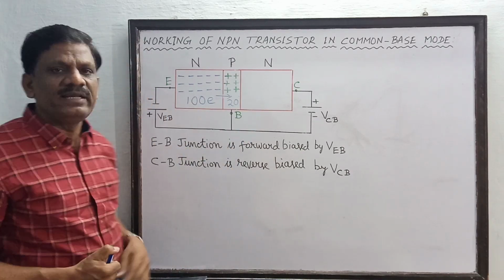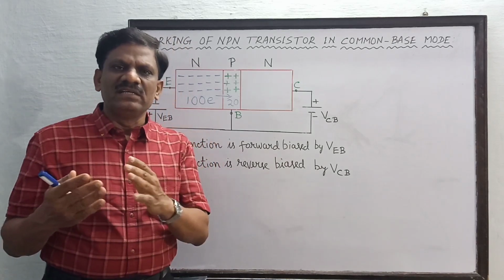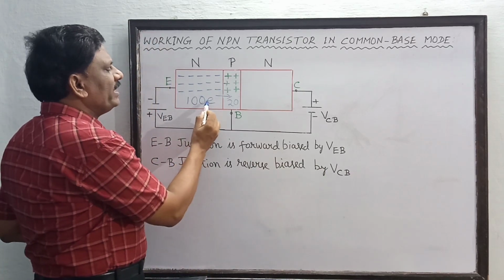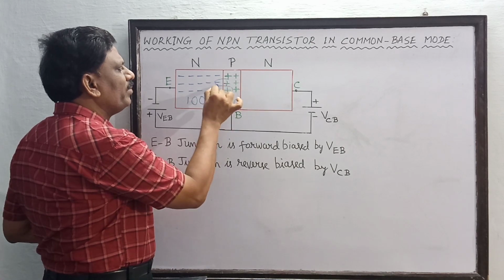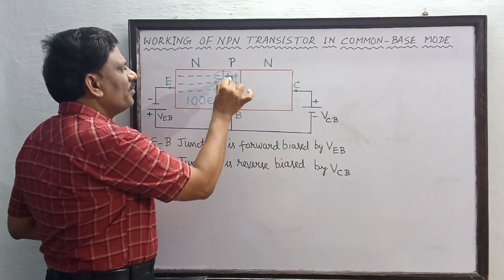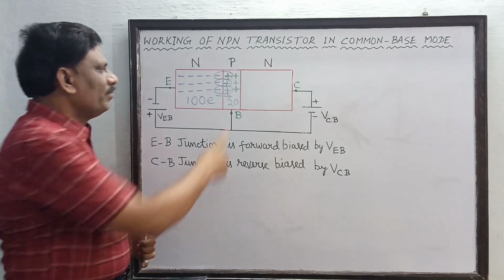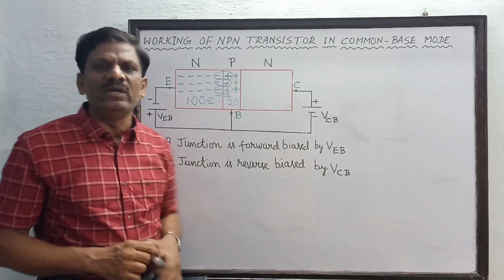When these 100 electrons which are repelled from the emitter region enter into the base region, there is a recombination of every electron with one hole. Like this, there will be some recombinations taking place between the electrons and the holes. But the number of holes is very less. For example, I have considered only 20 holes.